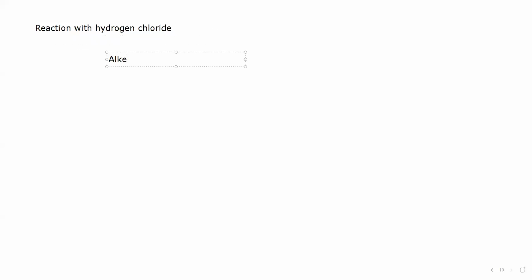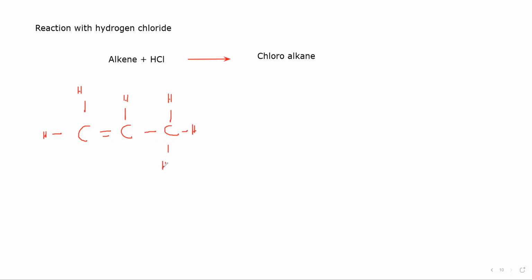So if alkene is there plus HCl, this will give a chloroalkane. Take C double bonded with C, H, H, and it is reacting with HCl.